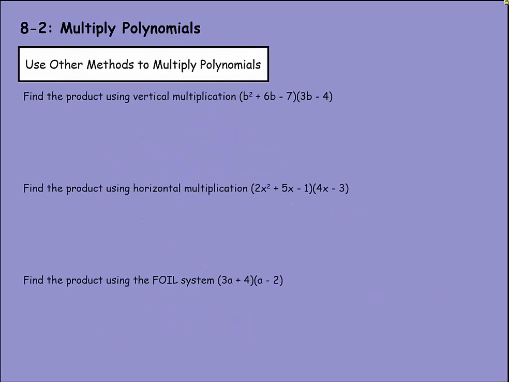Now we're going to use three other methods to multiply these polynomials. The first one is to do vertical multiplication. I don't like vertical multiplication very much, but I know some people who do, so we're going to teach it to you. You're going to line up your problem in a very similar way to how you multiply vertically with regular numbers.